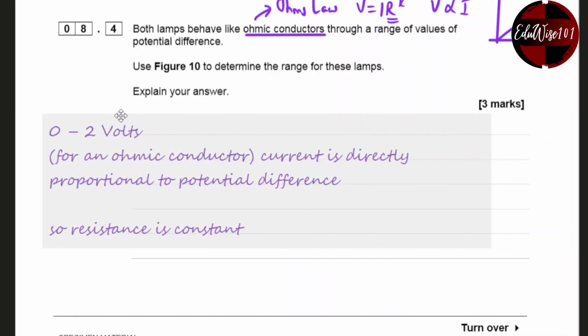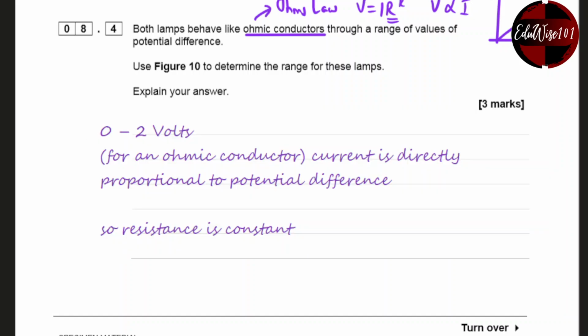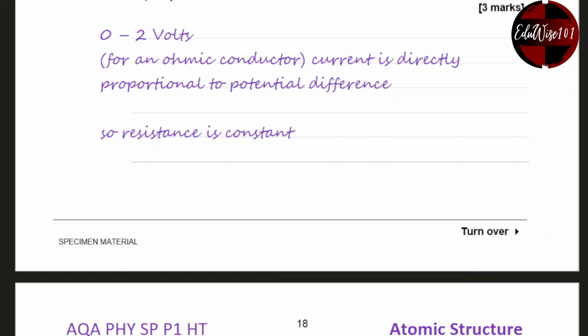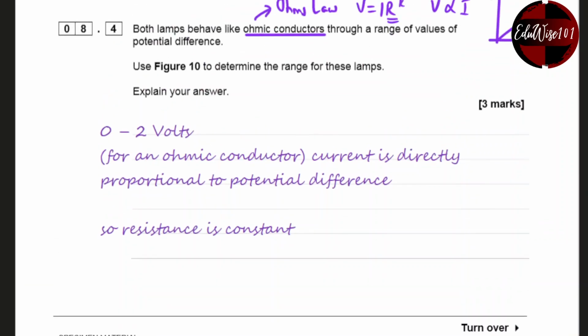And the explanation is, for an ohmic conductor, current is directly proportional to the potential difference, so resistance is constant. For it to be an ohmic conductor, you need to make sure that you mention that the resistance is constant.